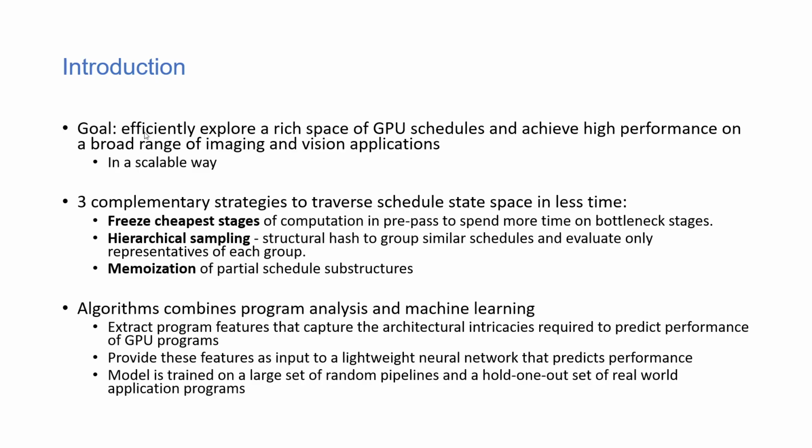The goal of this paper again is to efficiently explore a rich space of GPU schedules and achieve high performance on a broad range of computer vision and image processing applications in a scalable way.